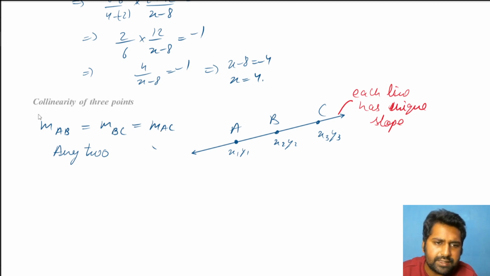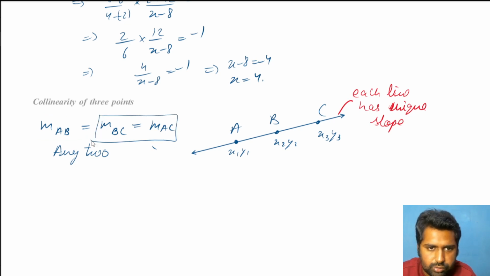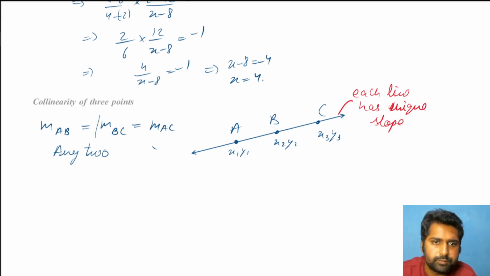You just prove anything like this, like prove just M AB is equal to M BC, slope of AB is slope of BC. You can justify that yes, the points are collinear because the slopes are the same, so they must lie on the same line. Or use these two, or use the last two, use any two. If you want you can use three also, but the question will not be asking you to prove points are collinear.